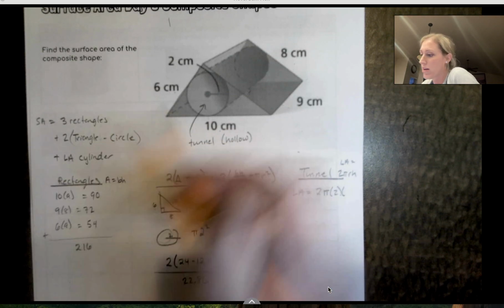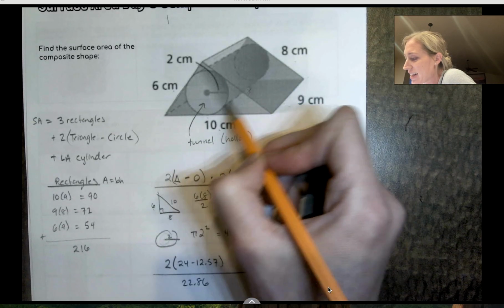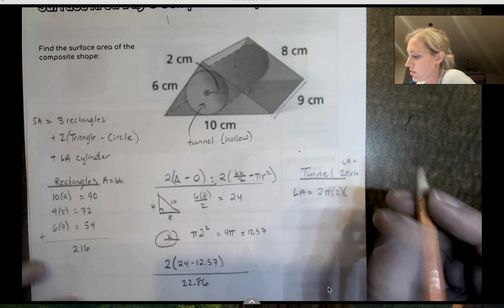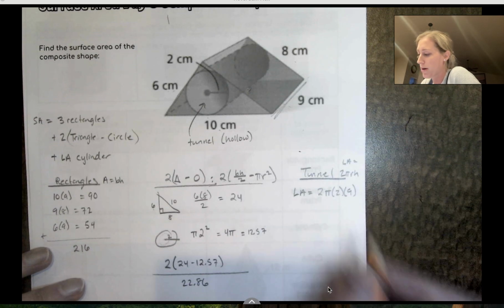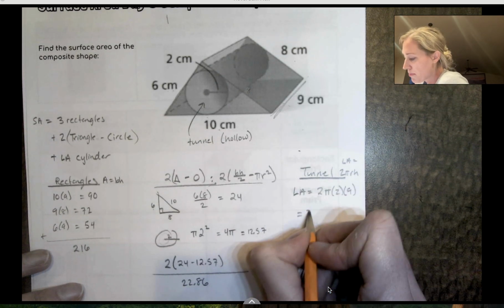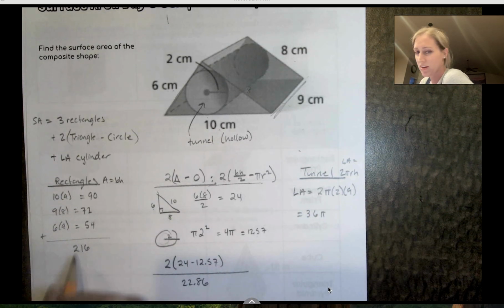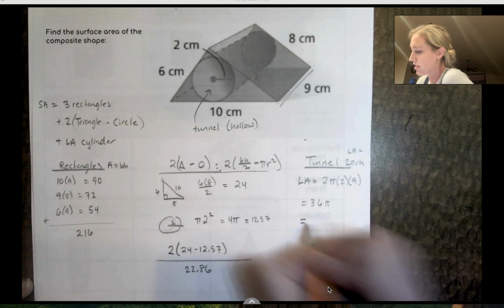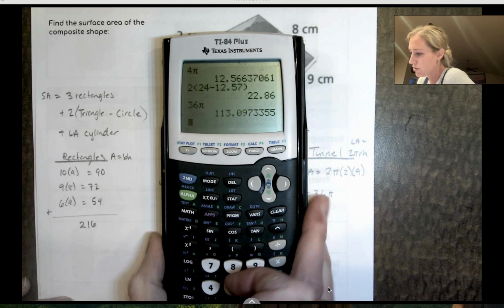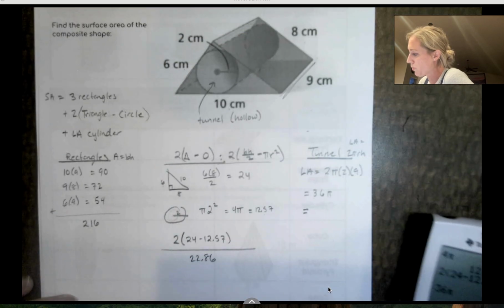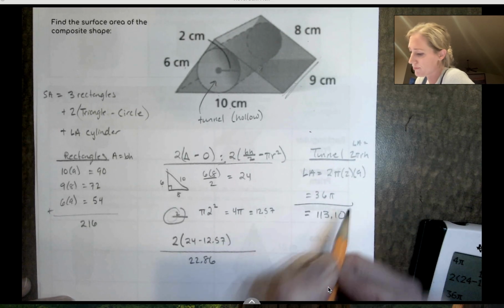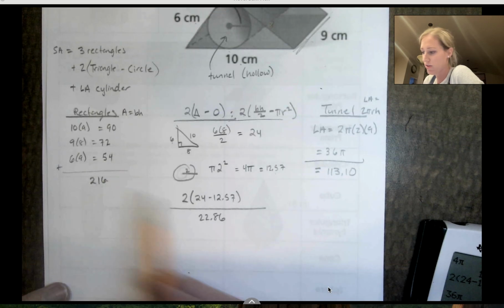How long is it? It is 9 long, because it's this right here. So that's the height of our cylinder, and that is what goes there. 2 times 2 times 9 is 36. But again, we're having to combine this with things that don't have pi, so I'm going to turn that to a decimal. So it's 36 pi, which is 113.10 when I round.